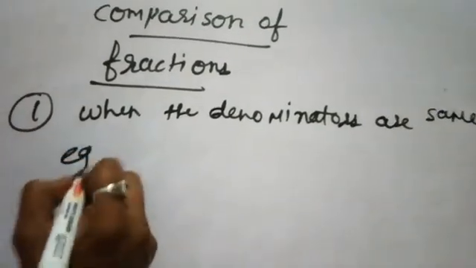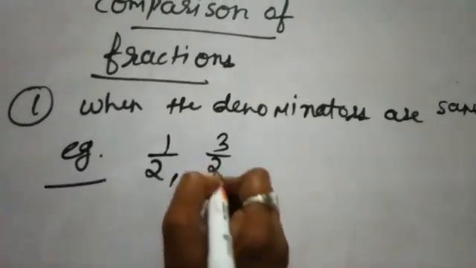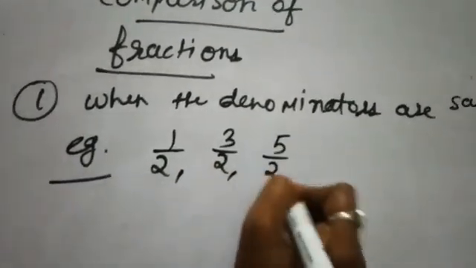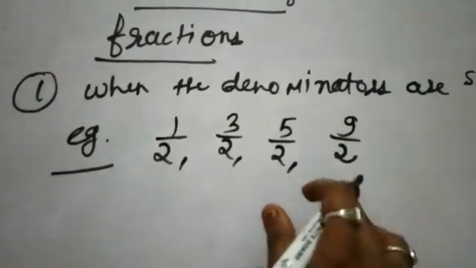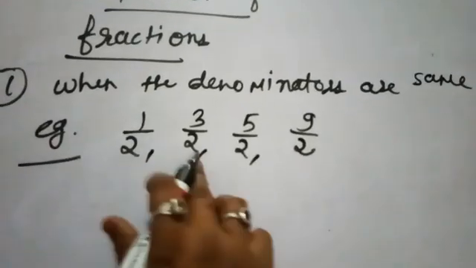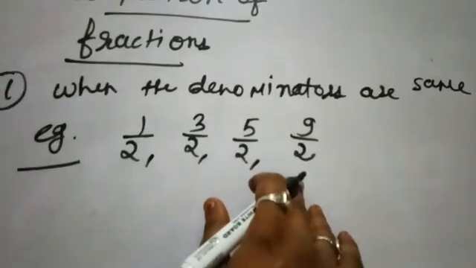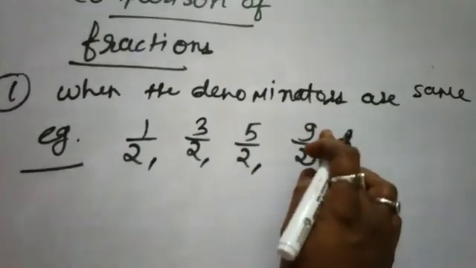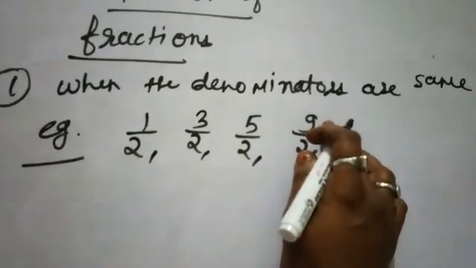Let's see some examples: 1 upon 2, 3 by 2, 5 by 2, 9 by 2. Here 4 fractions are given and they have the same denominator, 2. In this condition, the number with the bigger numerator is the bigger number.